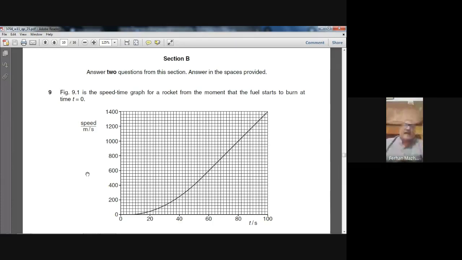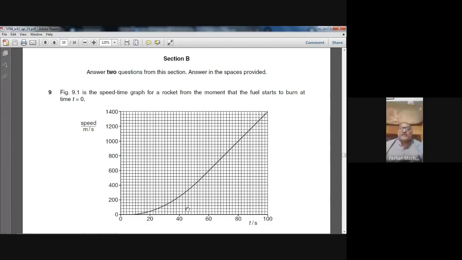At time 0 the speed of the rocket is 0, and it remains 0 up to maybe 8 seconds. Then it started accelerating, and the graph is curving upward, which means it's an increasing curve.